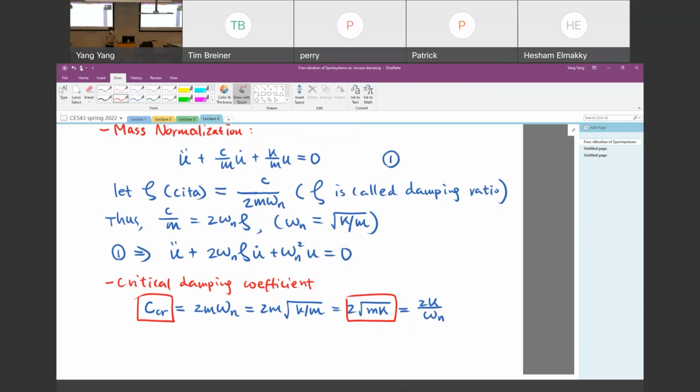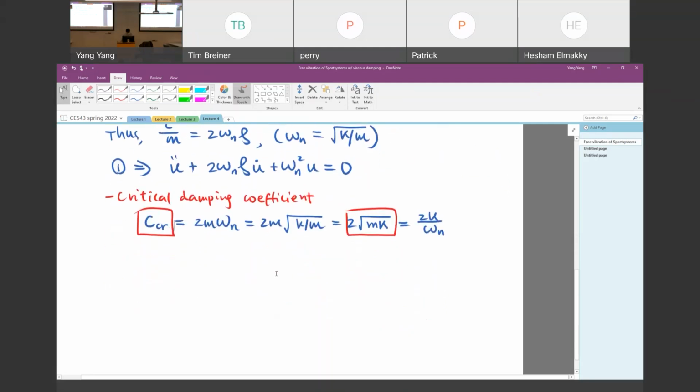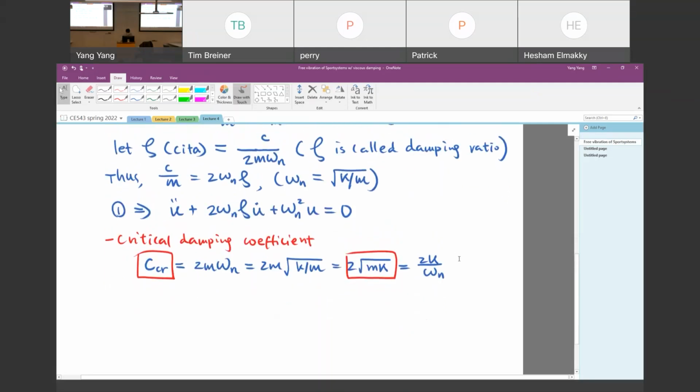It's a determined number. That would be very helpful when we solve this equation. C sub cr, the critical damping coefficient.